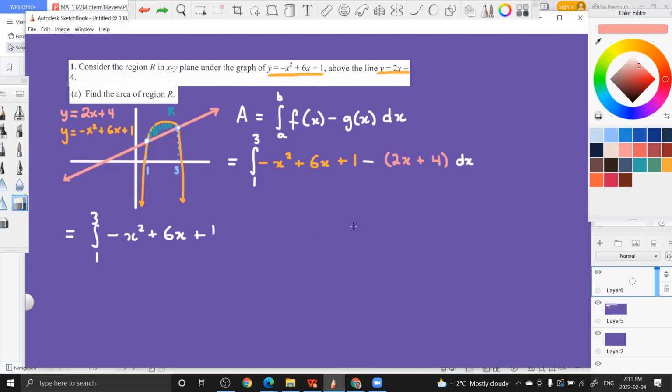So negative x squared plus 4x minus 3. And then all we have to do is evaluate this integral. So this one is pretty easy to do. So I'm just going to give you the answer, and that should be 4 over 3. And that is the area under the curve.